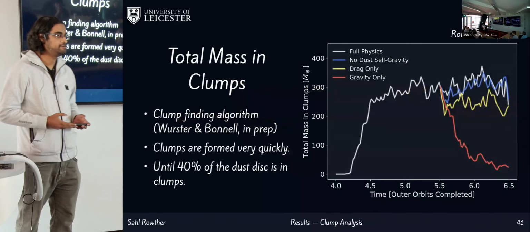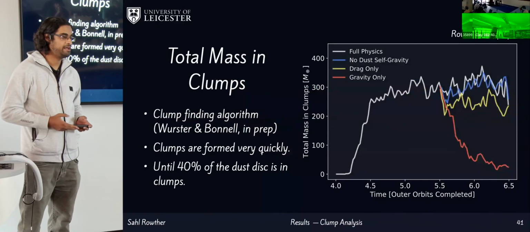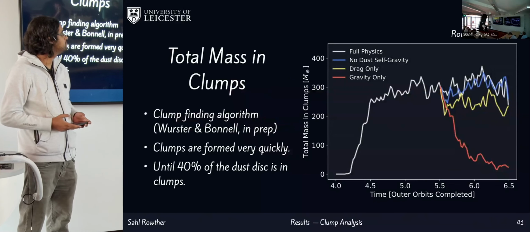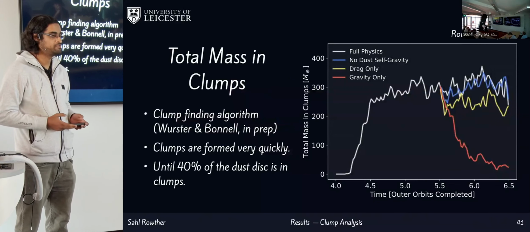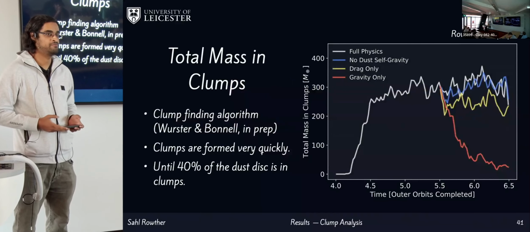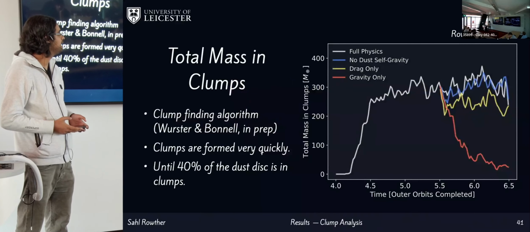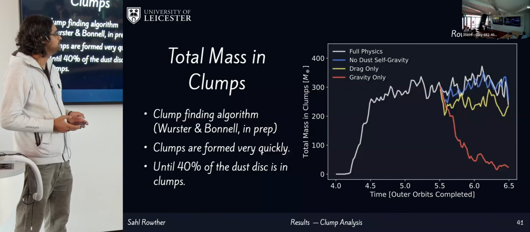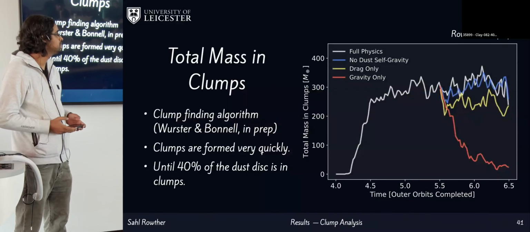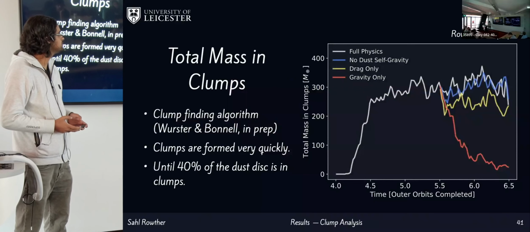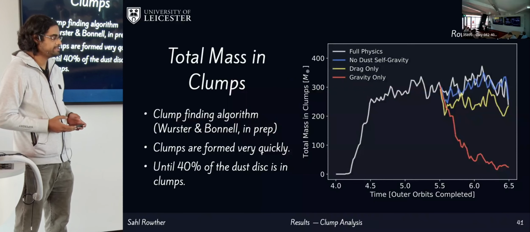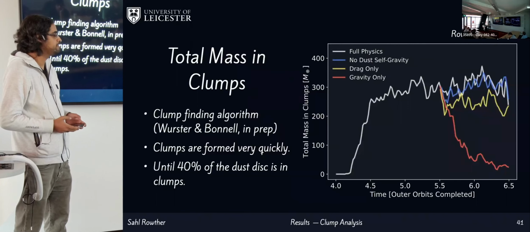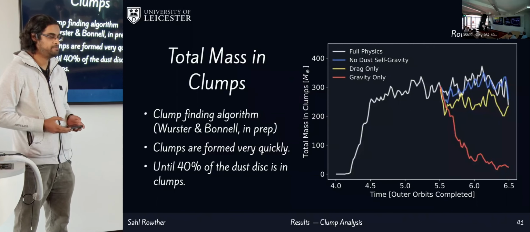So now, as we form clumps, which is important for planet formation, we have a look at how the different physics affected clump formation. Starting with the full physics, the important thing to note here is that clumps can form extremely quickly.